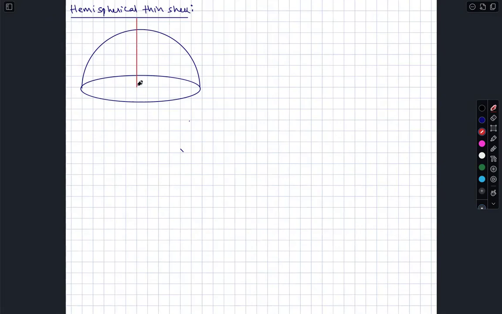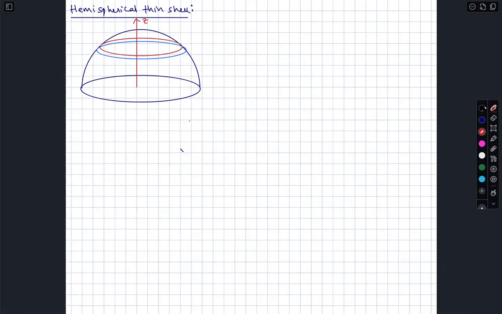we will take this as the z-axis. Right. Now you take one such element, like this elemental ring.